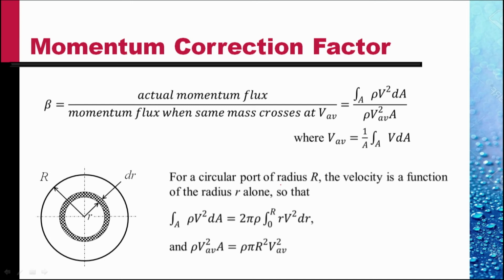For a circular port of radius capital R, the velocity is a function of the radius r alone. So consider a ring of thickness dr at radius small r, and the total momentum flux would be 2 pi rho integral 0 to capital R, r v squared dr. This is the numerator, and the denominator would be simply rho times the area pi R squared into v average squared.